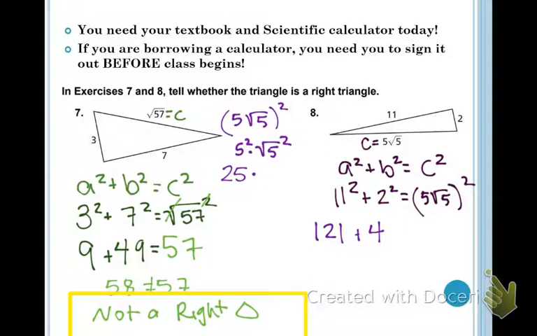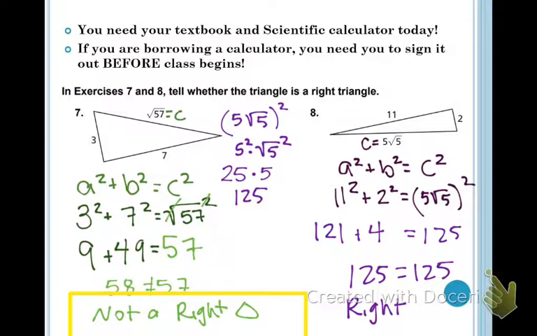So the square root of 5 squared is 5. 25 times 5 is 125. So all we did was square this. 121 plus 4 is? Does 125 equal 125? So then this is a right triangle. Ta-da.